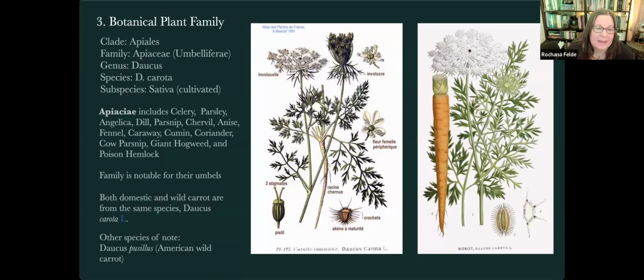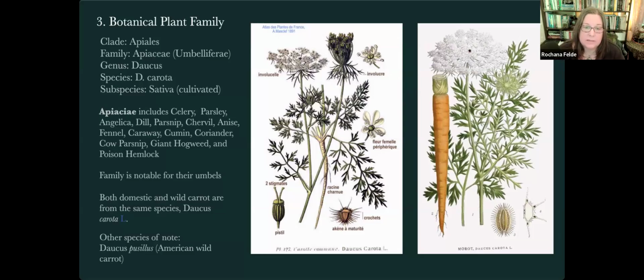But again, Daucus carota is the genus and species of the Queen Anne's lace, the wild carrot, and it's actually the same species that our cultivated carrot is from. It's just that the cultivated carrot has been bred from a naturally occurring subspecies called sativa, and that's how we have our carrots that we eat on our table today.